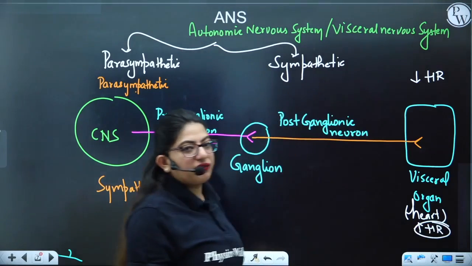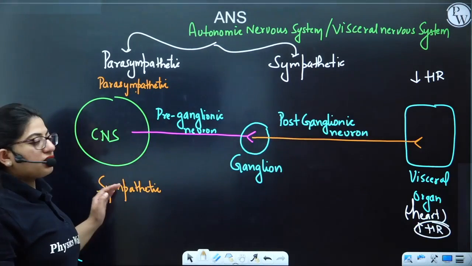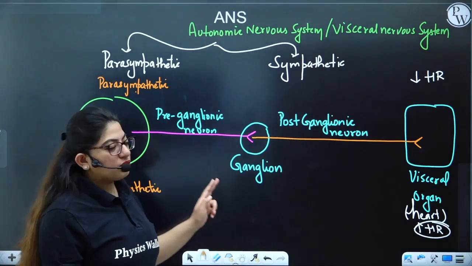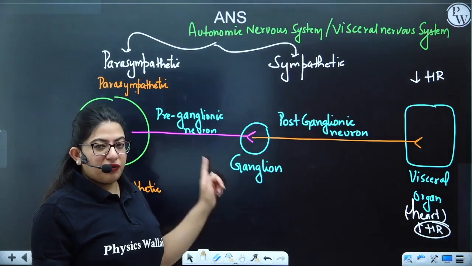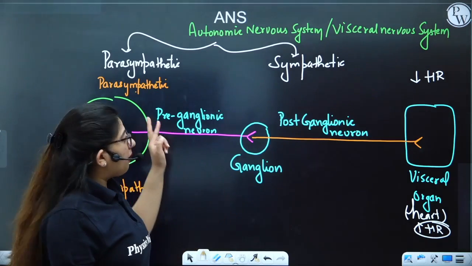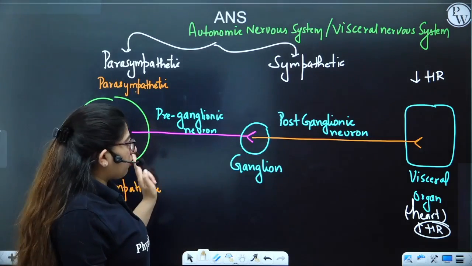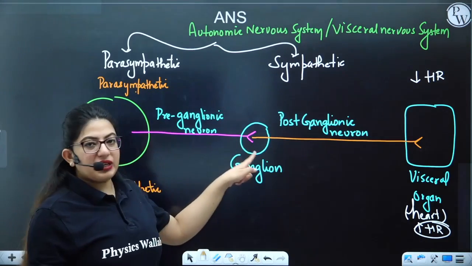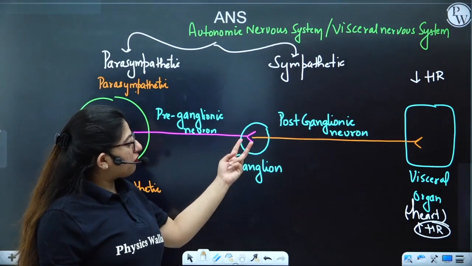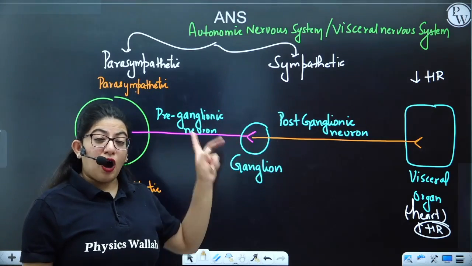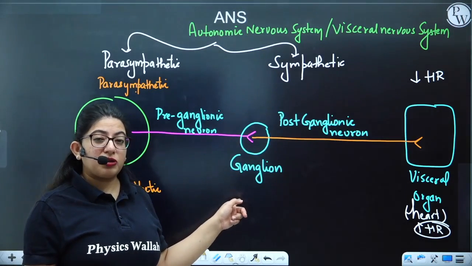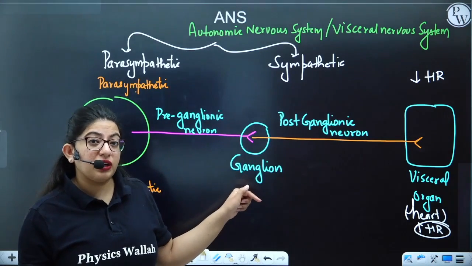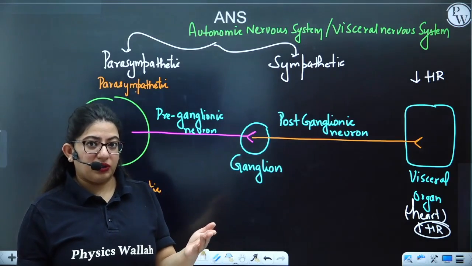Now how will they work? From the central nervous system, a nerve will go to this ganglion if we want to decrease the heart rate. A parasympathetic neuron will take information from the central nervous system, and it will be sent here. Now it has to give information to the another neuron. How is information from one neuron to another transmitted? With the release of a neurotransmitter.